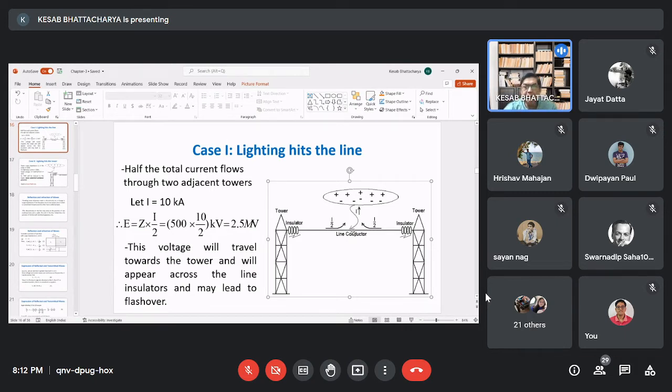So 2.5 million volt is not any insulation level for most of the transmission lines. I should not say any transmission line, most of the transmission lines, this is not an acceptable or usable insulation level. Therefore, all of them will be subjected to overvoltage.